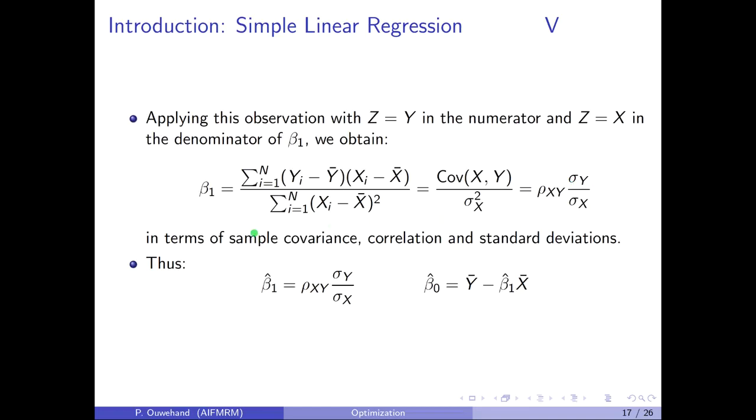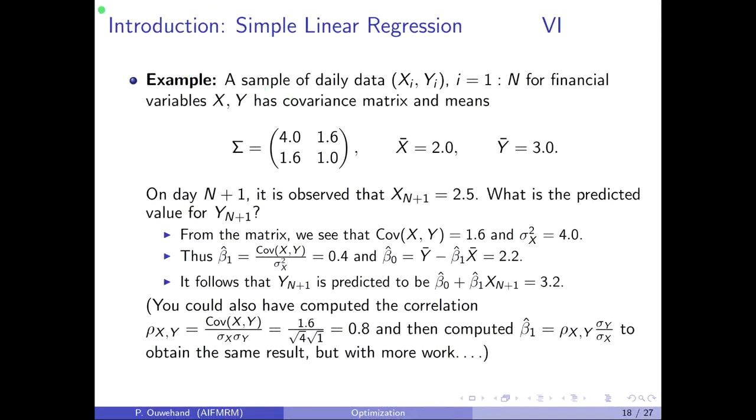Once we know who beta 1 is, we can compute beta 0 using the equation that we obtained earlier. This gives us the optimal parameters beta 0 and beta 1 in a least squares sense, because we minimized the sum of the squares of the differences between the predicted values or fitted values of y and the actual values or observed values of y.